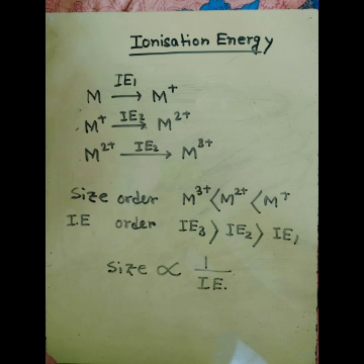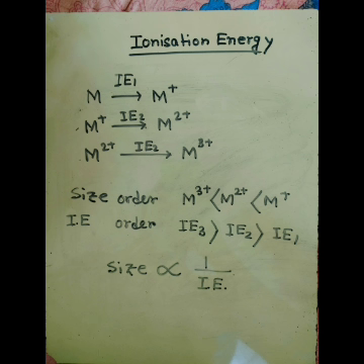Therefore, there is a relation between the size of the atom and the ionization energy. If the size of the atom is smaller, then it requires more ionization energy. Similarly, if the size of the atom is larger, then it requires less energy. So consider the sizes of M+, M2+ and M3+.